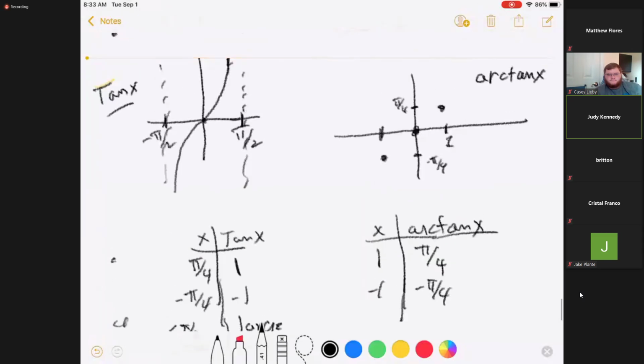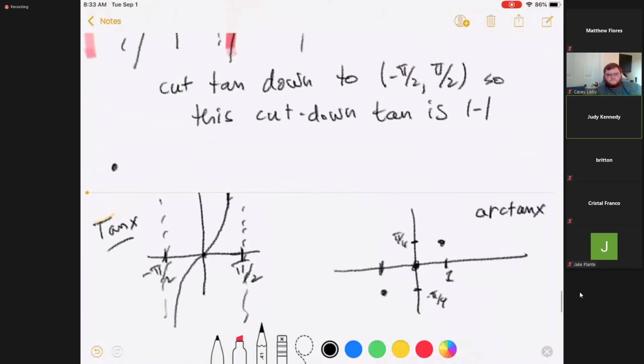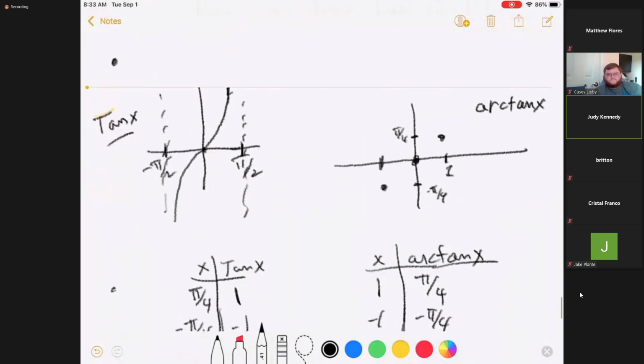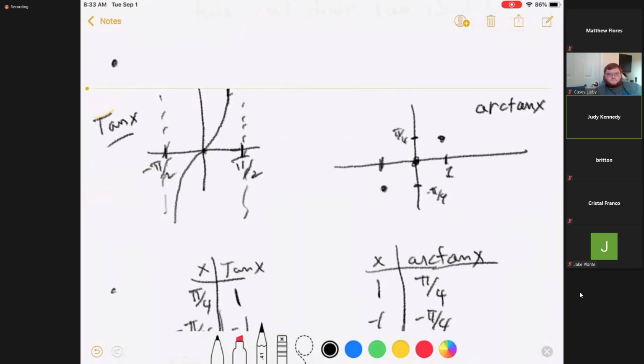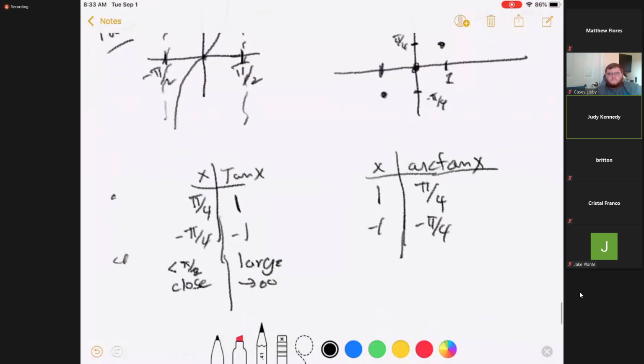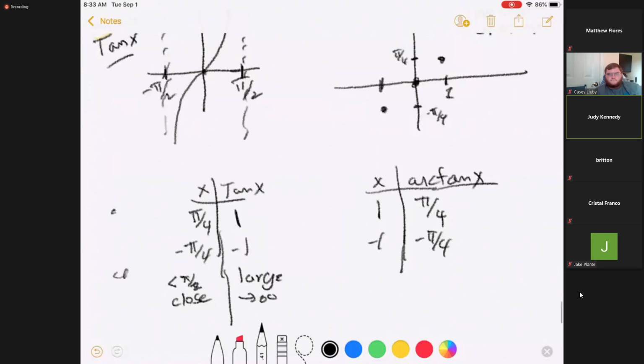The fact that the tangent has a vertical asymptote at pi over 2, and the limit as x approaches pi over 2 from the left is plus infinity, is going to mean that y equal to pi over 2 is a horizontal asymptote. Okay, because I'm flipping ordered pairs. That is, I'm taking x, y and changing it to y, x to get the inverse.